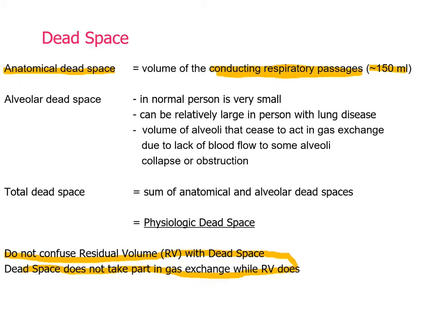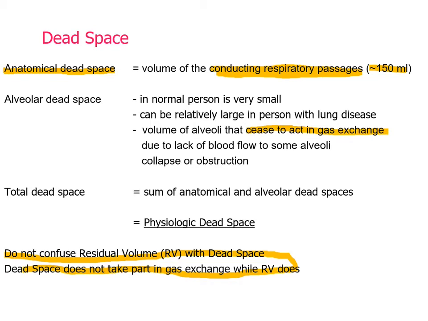In fact, it should be approaching 0 because the alveolar space should always be available for gas exchange. But in a person with disease, you have some alveoli that have stopped being able to carry out gas exchange, for a variety of reasons.